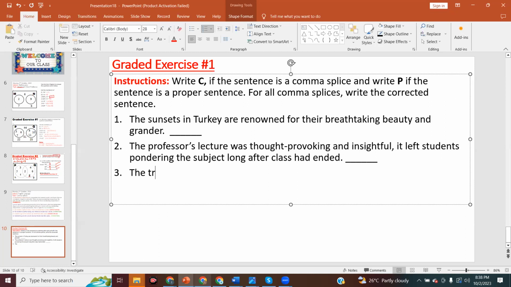The traffic was heavy. We arrived late to the meeting.